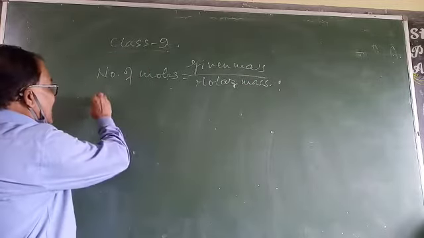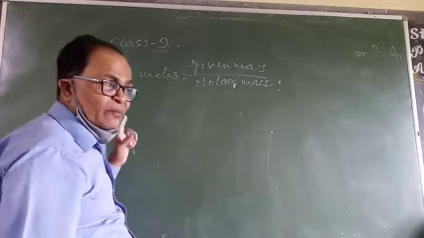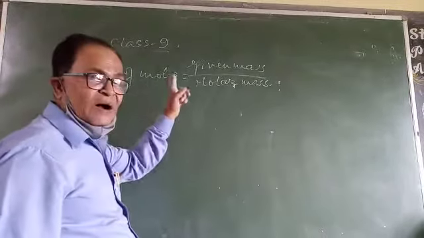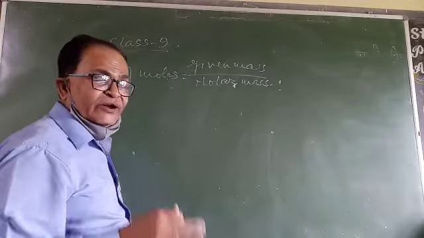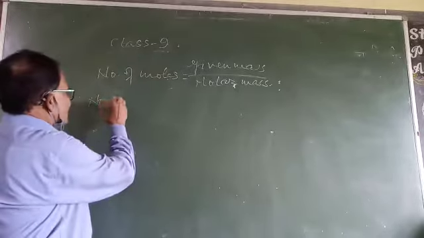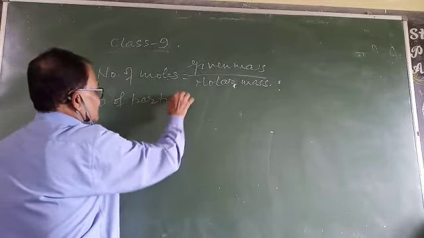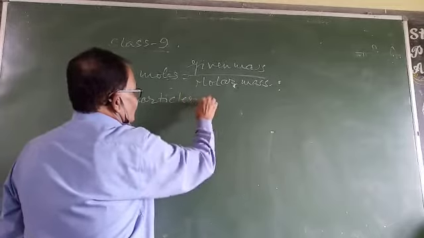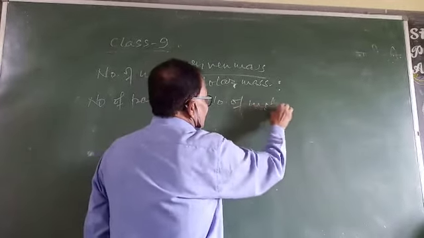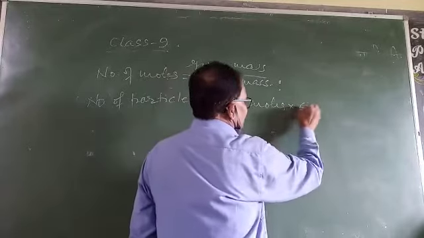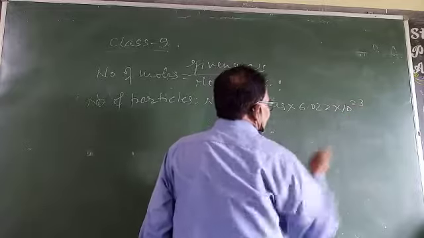Now, if we multiply the number of moles by Avogadro number, we will get the number of particles. So, number of particles equals number of moles into 6.022 into 10 to the power 23.